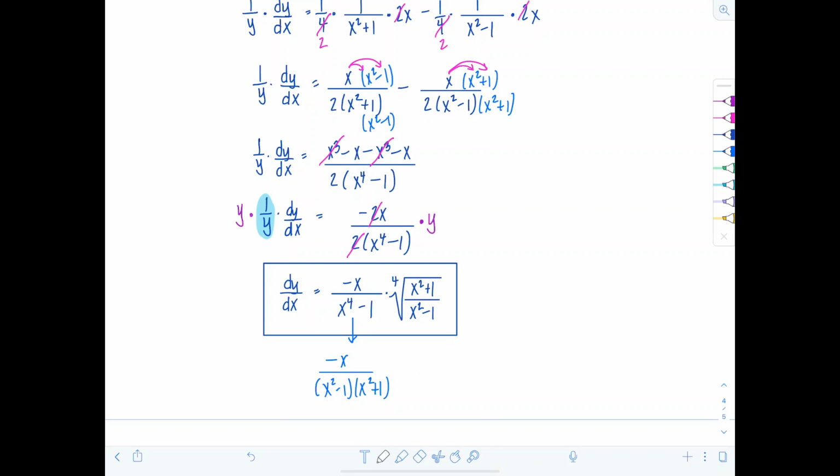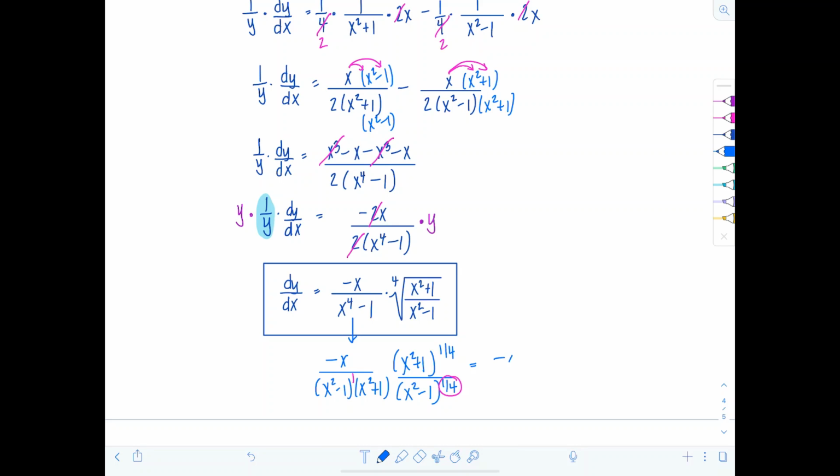And then we've got in the numerator on the other term, x squared plus 1 to the 1/4 over x squared minus 1 to the 1/4. And so I can combine the exponents here. This is 1, this is 1/4.